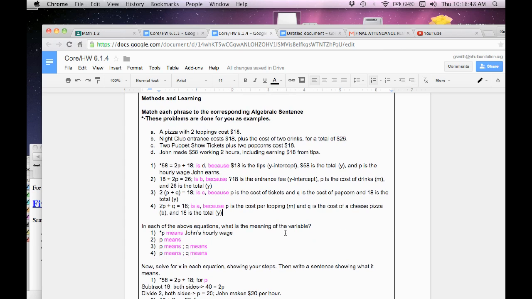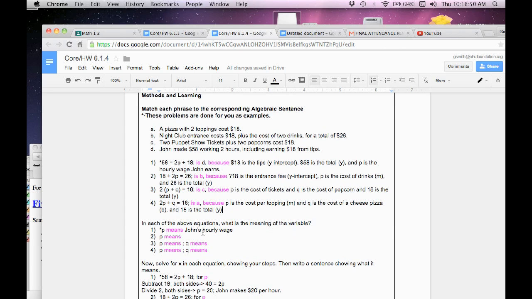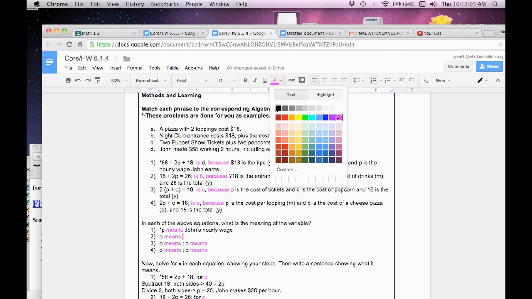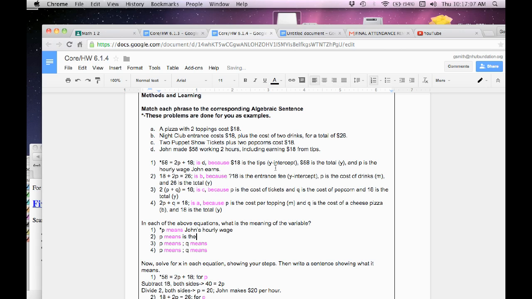Okay, in each of these equations, what is the meaning of the variable? So in 1, P is John's hourly wage. In 2, P is the cost per drink.